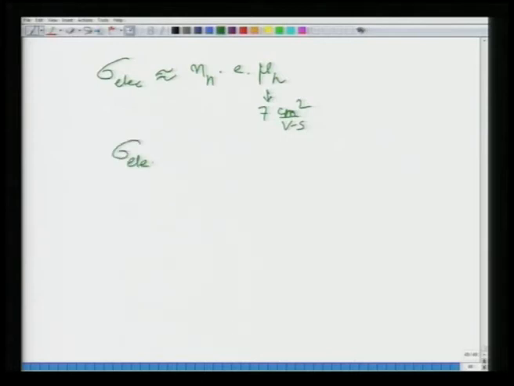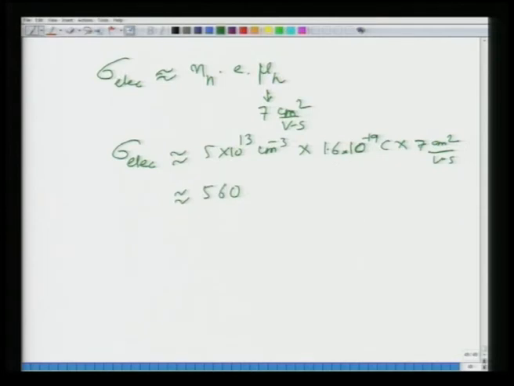So sigma electronic is N_H, 5 into 10 to the power 13 per centimeter cube, multiplied by 1.6 into 10 to the power minus 19 coulomb multiplied by 7 centimeter square per volt second, and this will work out to be 5.6 into 10 to the power minus 5 ohm centimeter inverse.